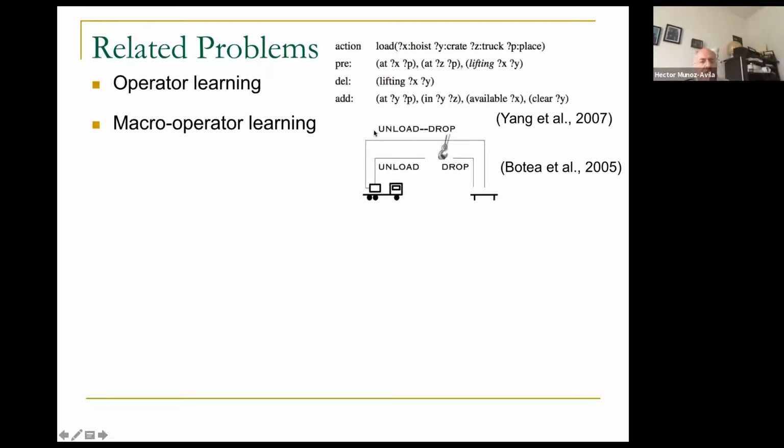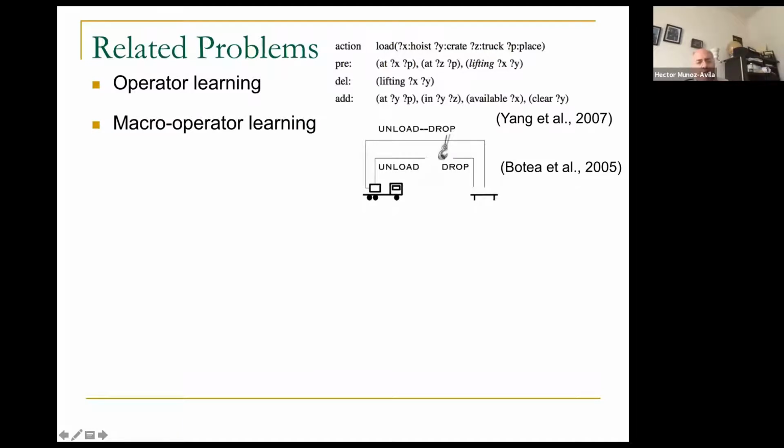But it is defined with a single operator called unload-drop, which will have the preconditions, for example, in this case, the package is in the truck. And the effect would be what happened at the end, which is that the package will be on this platform and is no longer in the truck. So it's basically computing the compounded effects of these 2 actions.